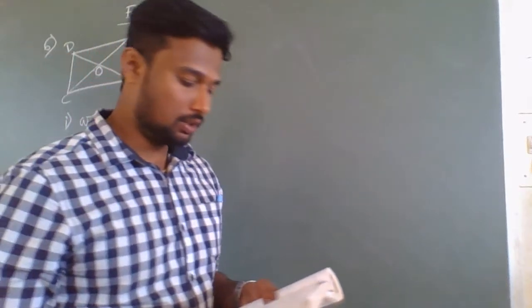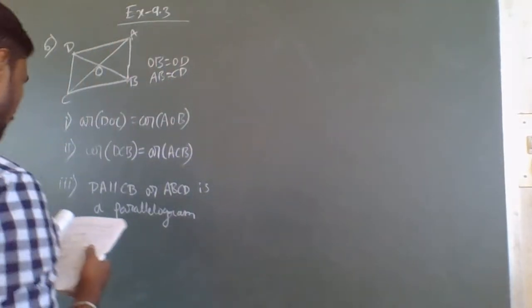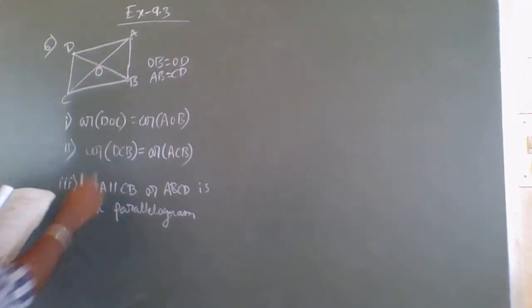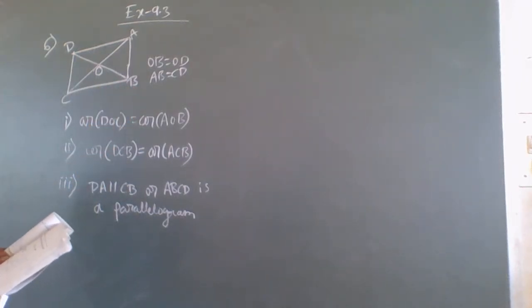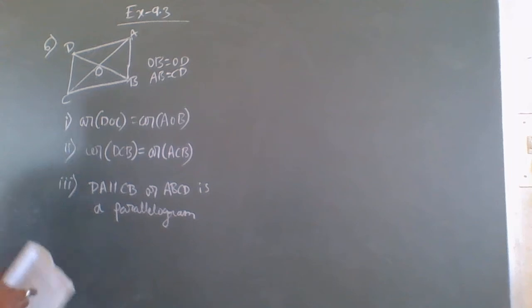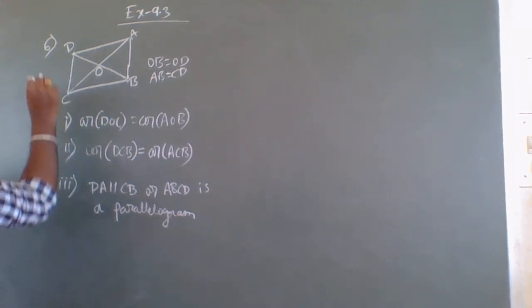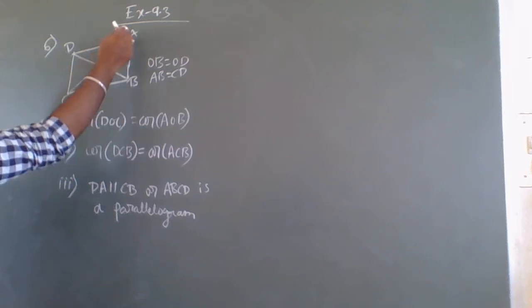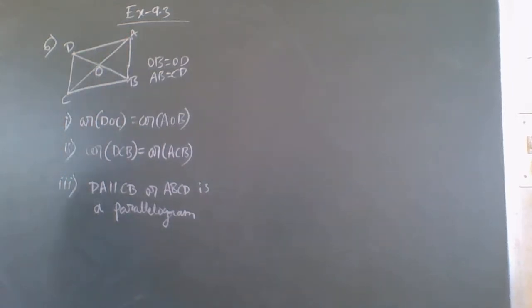And they have given one hint also: from D and B, draw perpendiculars to AC. So first we will draw a perpendicular from D and B to AC.